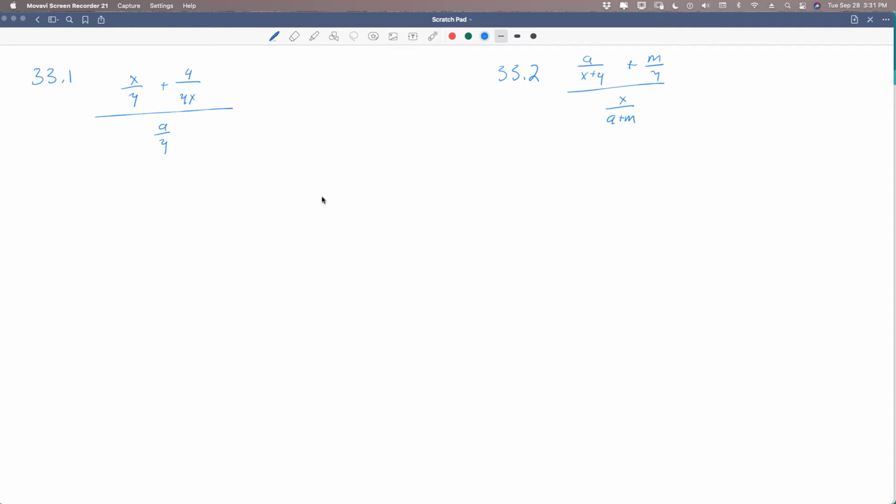Now, there are a couple of different ways that you can solve this, but the easiest way is keep it, change it, flip it, and I stand by that. So when you have two fractions that are divided by a third, or vice versa, I find that it is easier to go ahead and find a common denominator and turn this into a single fraction.